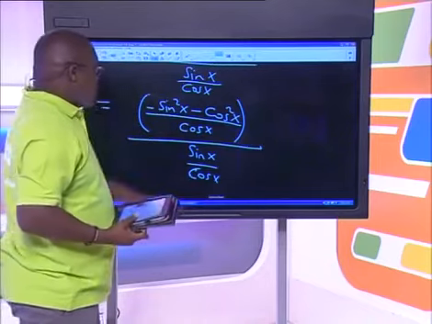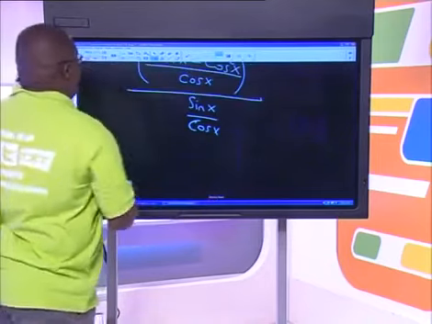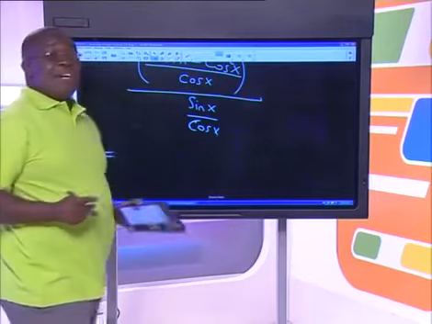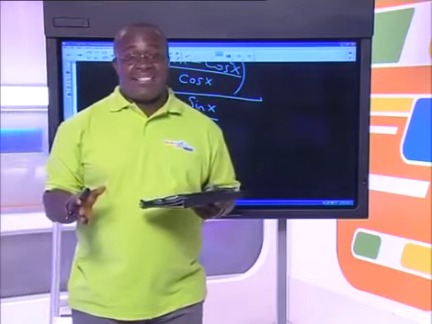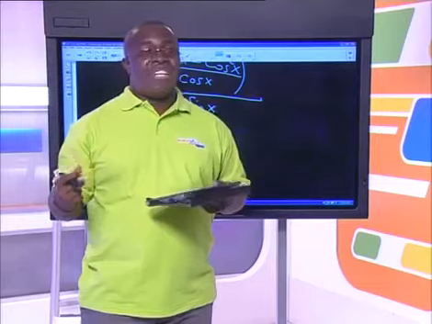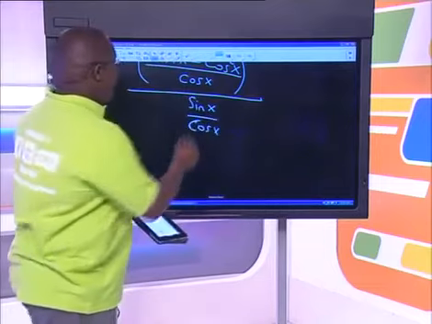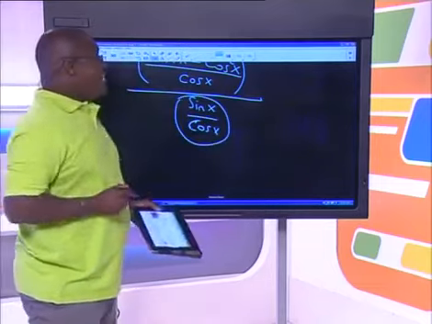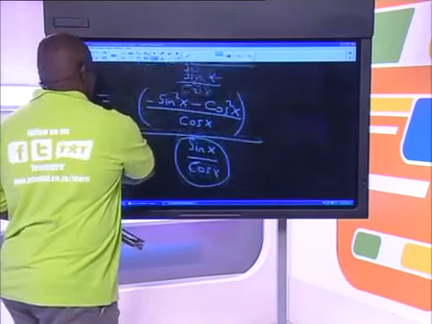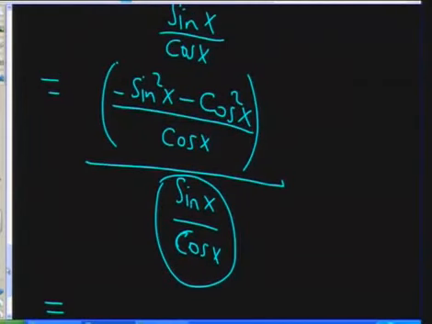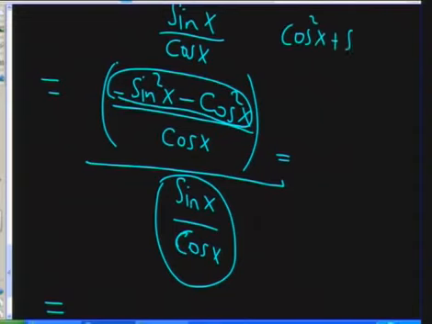Now, once we've done that, remember when you're dividing fractions, you invert the denominator and multiply. So this is our denominator, and the one in brackets is our numerator. What I'm going to do now is make use of our identity. Cos squared x plus sine squared x is always equal to 1.